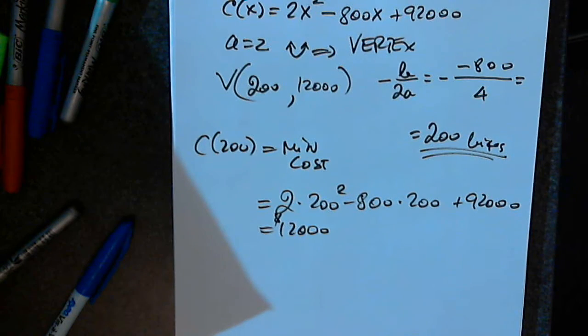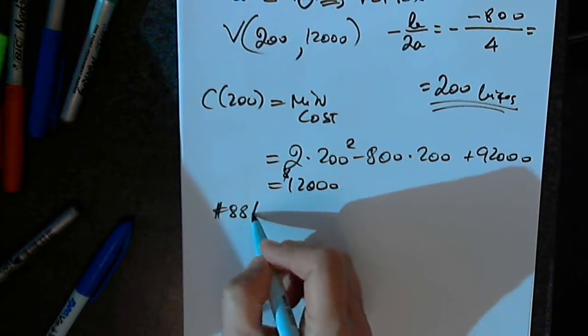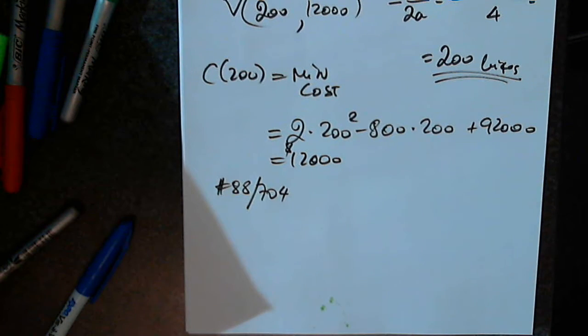Okay, let's look at 88 on page 704. Methane is a gas produced by landfills, natural gas systems, and coal mining that contributes to the greenhouse effect and global warming.